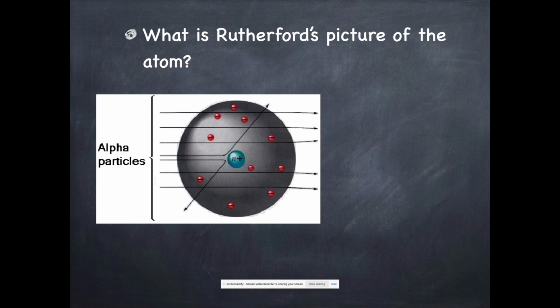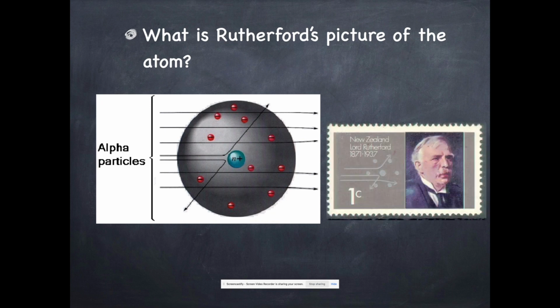That something has to be very dense, and it has to be positively charged, because remember, alpha particles have positive charge also. And it has to be dense and massive so the thing bounces off. It's a great stamp that actually shows this happening. It's from New Zealand. Rutherford was from New Zealand. He was a Kiwi.